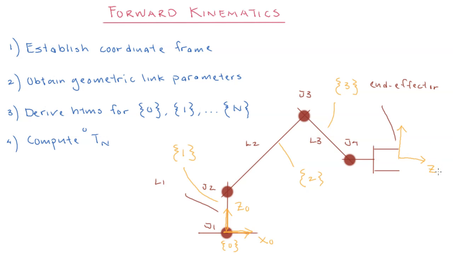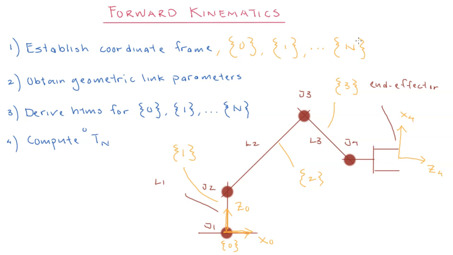Let's say this is z4 and x4. As you can see, for an n degree of freedom robot arm, there will be n plus 1 coordinate frames, right? In this case, the degree of freedom of this robot arm is 4, therefore we have 5 coordinate frames, including the base coordinate frame. So 1, 2, 3, 4, 5. So in the first step, we'll be establishing coordinate frames up to n for n degrees of freedom.